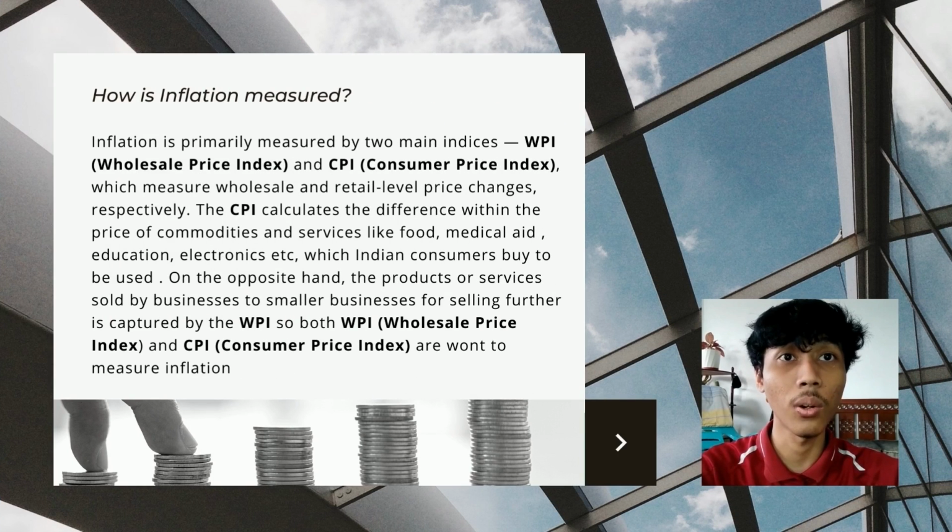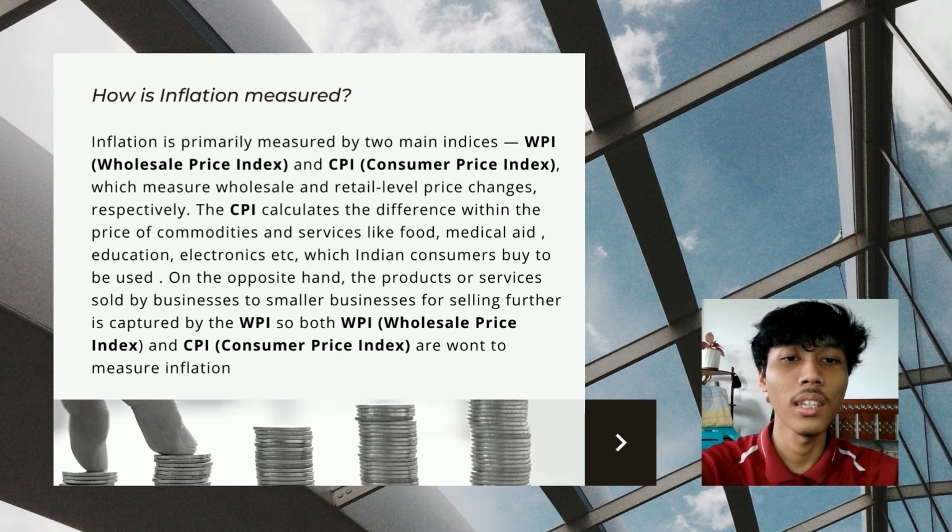Okay, next is how inflation is measured. It is primarily measured by two main indices, WPI, wholesale price index, and CPI, consumer price index. CPI, consumer price index, calculates the difference in the prices of commodities and services like food, medical aid, education, electronics, and else.